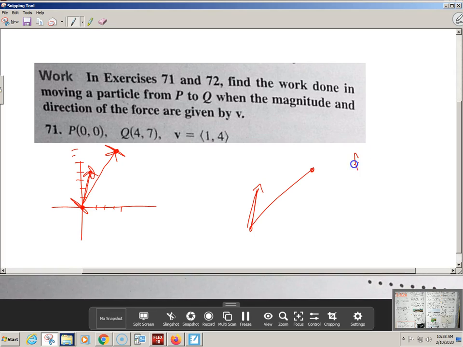The nice thing is the background formula is the same: force times distance. The problem is I actually need the distance, which is the magnitude of vector PQ, because magnitude, remember, is the how-muchness, the length, the greatness. It will solve for me how far this thing has moved if it went from P to Q.